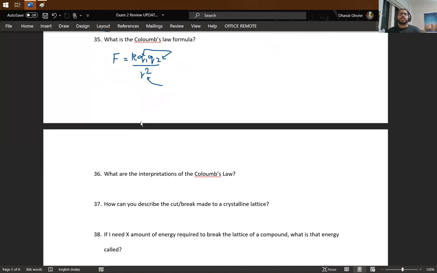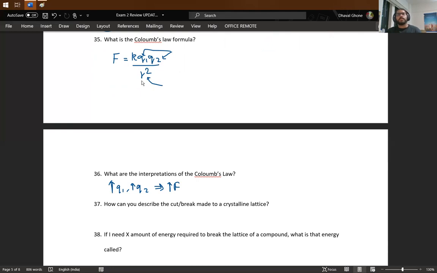What are the interpretations of Coulomb's law? What I mean is, by changing the charge and distance, how would the force change? You can see the two charges are in the numerator. That means if I increase my charge 1 or if I increase my charge 2, I increase my force, because they're directly proportional.